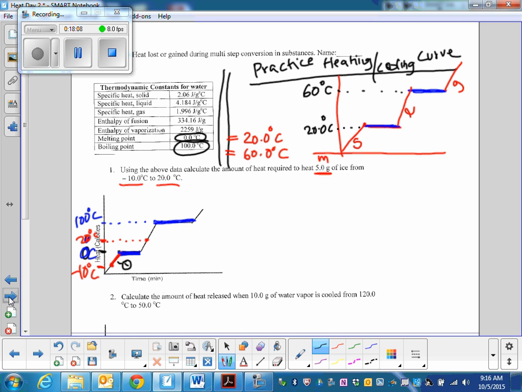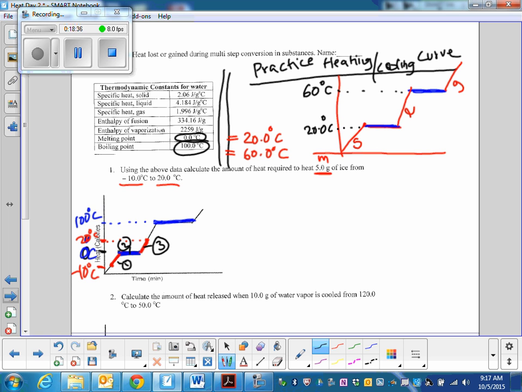That's step number 2. Then what is happening to the liquid? The liquid is increasing in temperature. That is step number 3. So, I have to do 3 different calculations. And what do I do with those 3 numbers that I get? Add them up. Do you understand?